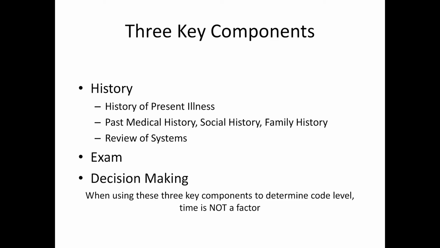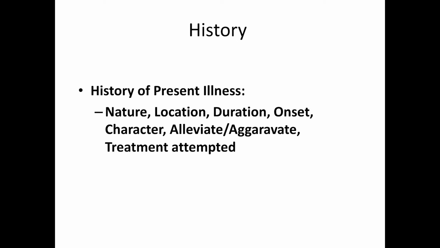So now let's break down these 3 key elements. History, you can see, has multiple components to it. And if you look at the sheet, you see HPI with a bunch of numbers in it. You actually quantify the bullets of HPI that you perform and document. So 99203, what is it, a 4?